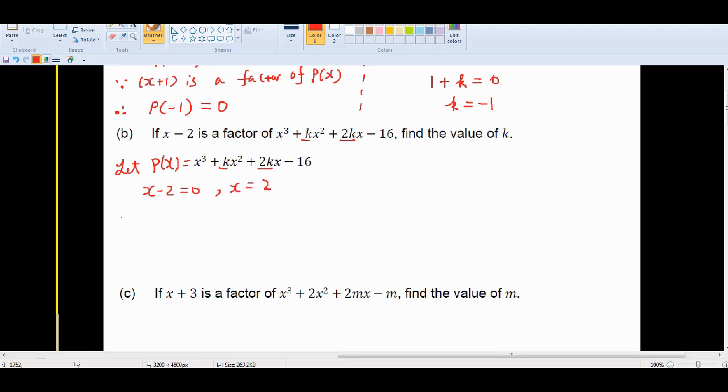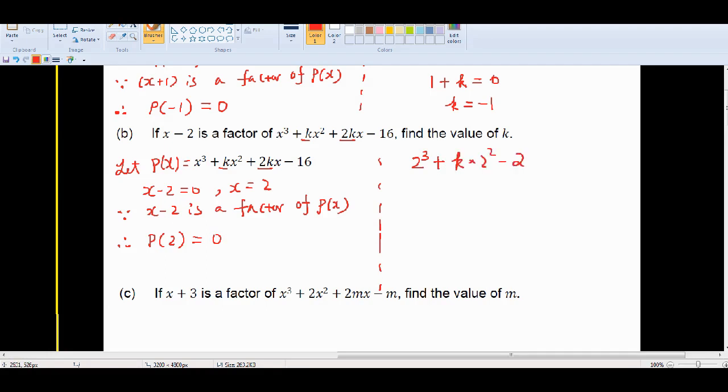Then I'm going to say, since x minus 2 is a factor of that px, therefore p(2) is 0. So what do we mean by p(2)? p(2) means you put 2 into x. We have done this many times now.